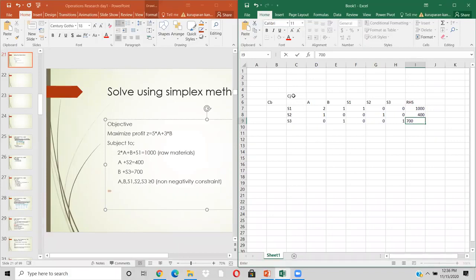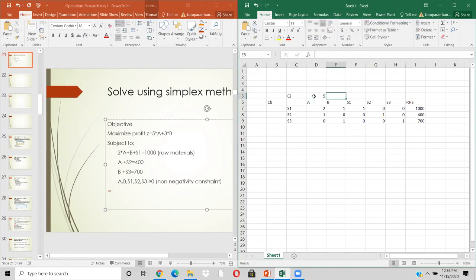What is this Cj? Cj is the coefficients of A, B, S1, S2, S3 in the objective. Coefficient means the part before the A. The coefficient of A is 5.